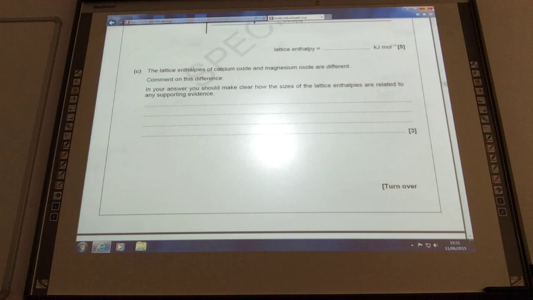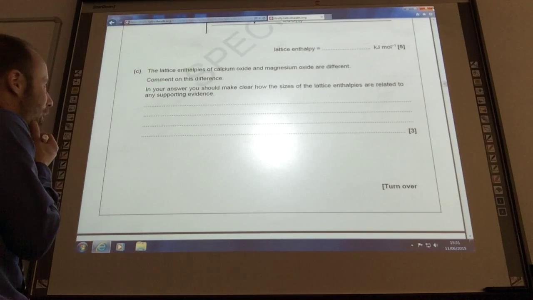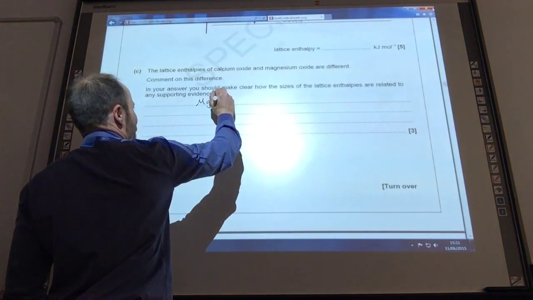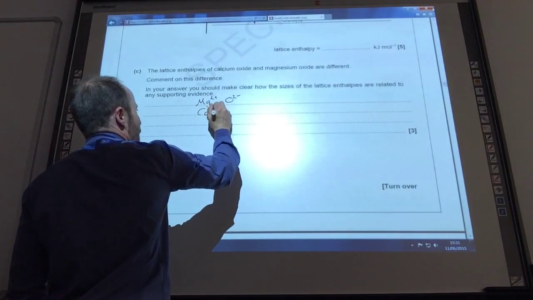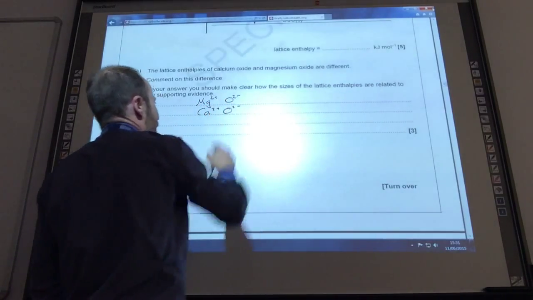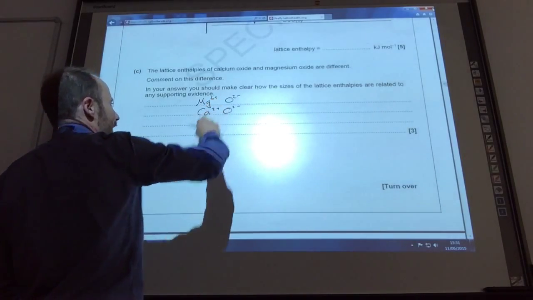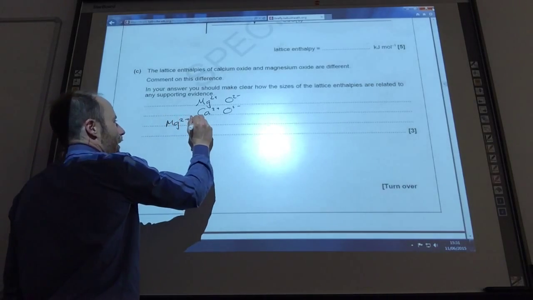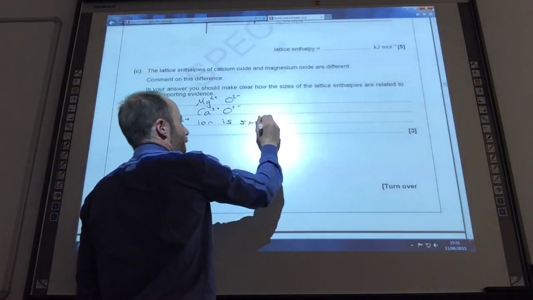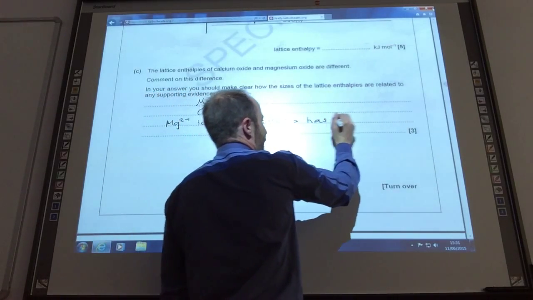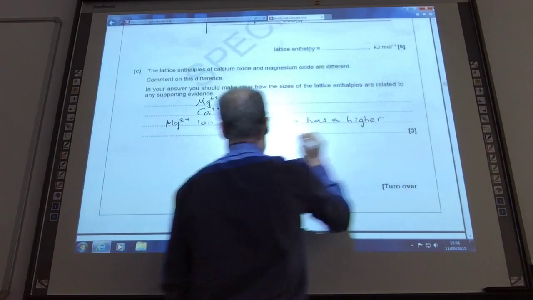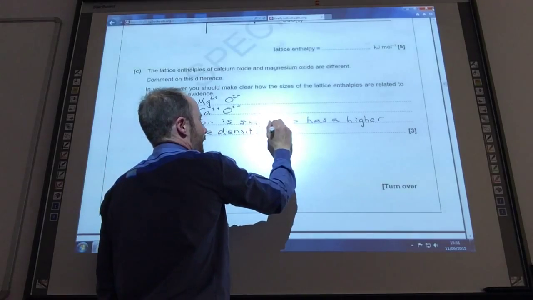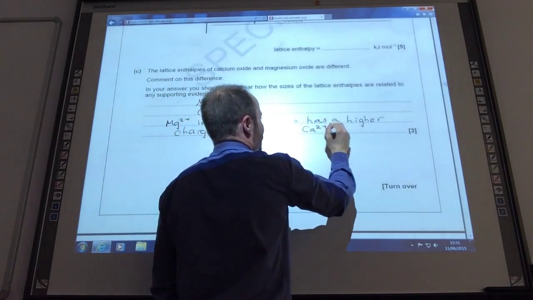Okay, the next part is we're going to compare the lattice enthalpy of calcium oxide and magnesium oxide. It told me they're different, so let's have a look. I've got magnesium oxide, Mg2 plus O2 minus, and calcium oxide. So the oxide ion is obviously the same. Charge on the cation is the same. However, the Mg2 plus ion is smaller and has a higher charge density than Ca2 plus.